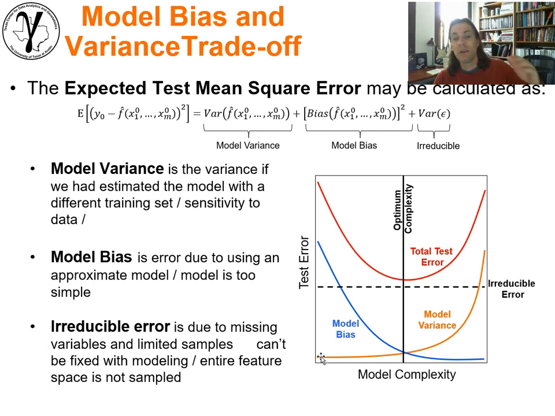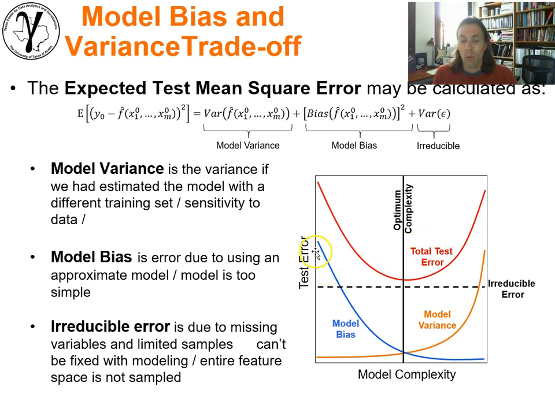In fact, if you change the inputs for a linear regression model, the line will change a little bit, but it's not that sensitive to the data. As we increase the complexity of the model, model variance will jump right up. If we use a 6th order polynomial, 8th order polynomial, and we change the data a little bit, the model can swing a lot more. There's a lot more sensitivity to the data that we're working with.